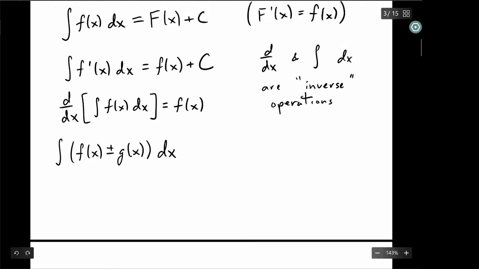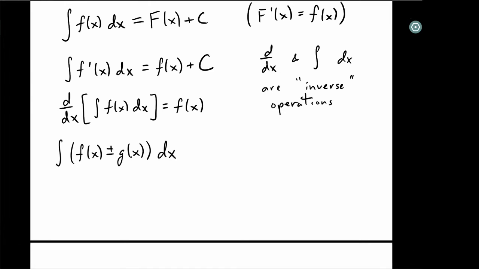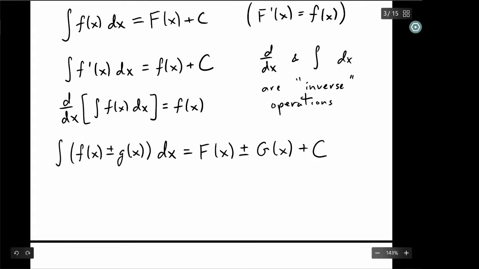Well, if we just sort of think that process through backwards, we then also know that to take the antiderivative of a sum or difference of two things, we just find an antiderivative of f, find an antiderivative of g, and then add or subtract them and add our arbitrary constant.